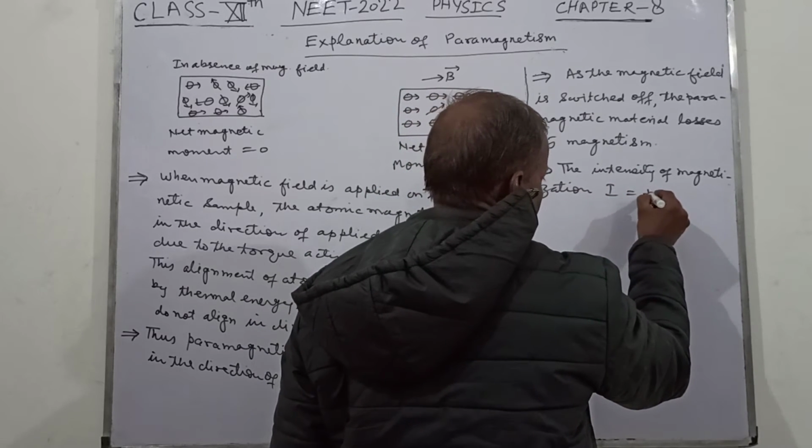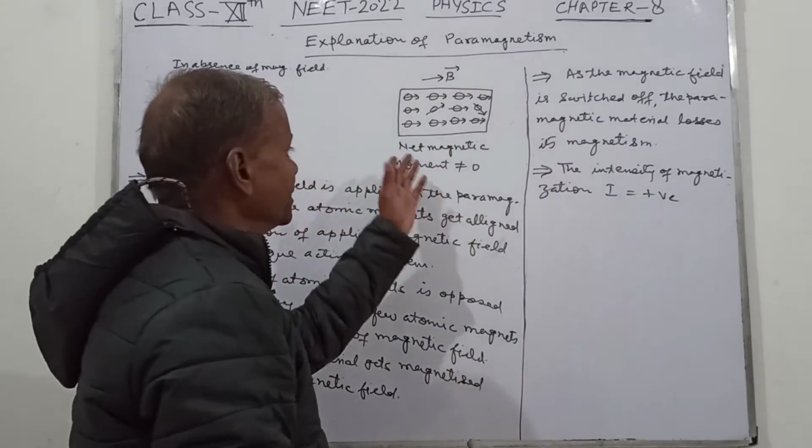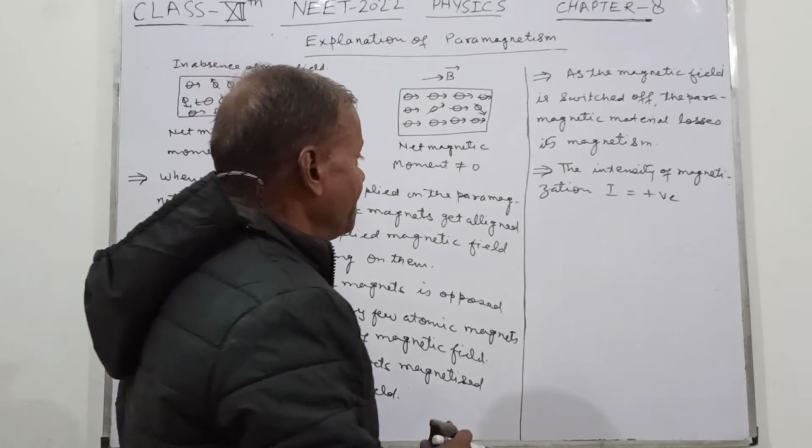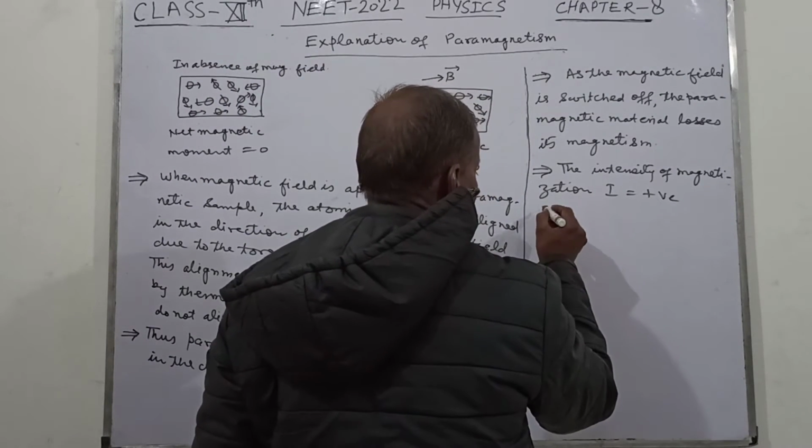This I is equal to positive, because this is gaining the magnetism in the direction of the magnetic field. So susceptibility is positive.